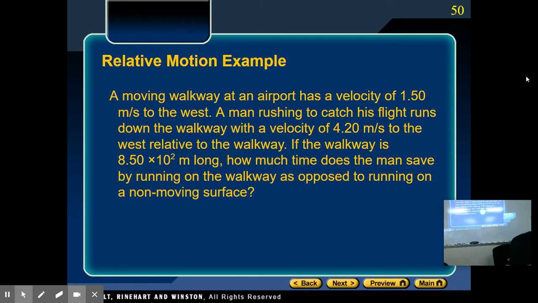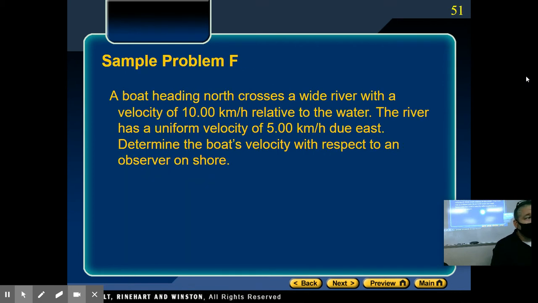In the example I'm going to show you now, it's going to bring us back to our 3.2 roots where we use the Pythagorean theorem and the inverse tangent. So we have a boat heading north. It crosses a wide river with a velocity of 10.00 kilometers per hour relative to the water.